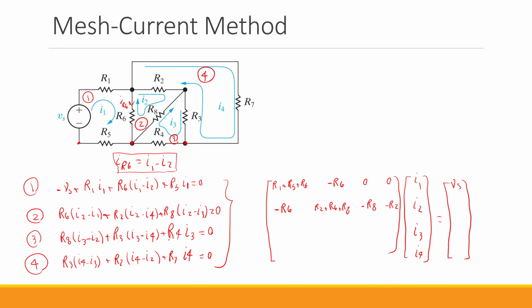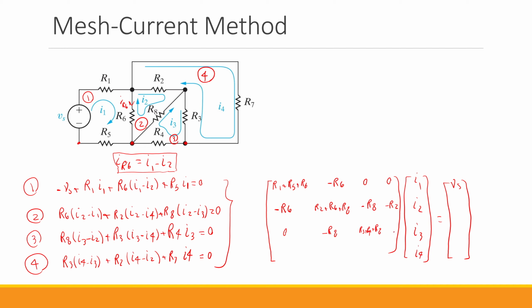For the third row, the coefficient for I1 is 0. The coefficient for I2 is going to be negative R8. The coefficient for I3 is going to be R3 plus R4 plus R8.